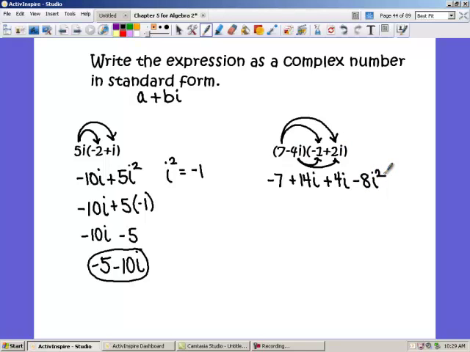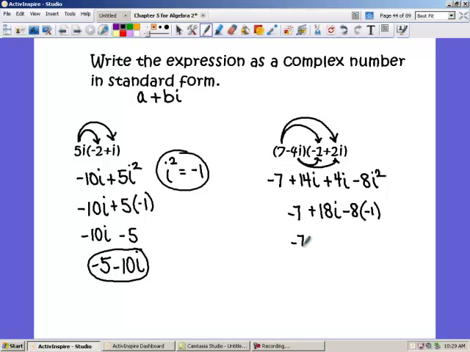Now that we have it all multiplied out, we need to simplify this. So we have negative 7 out here. Really can't combine that with anything yet. We have 14i plus 4i, so really we have 18 i's. And I want to transform this i squared because we all know that i squared equals negative 1. We've got to use those rules. So instead of writing i squared, I'll write a negative 1.